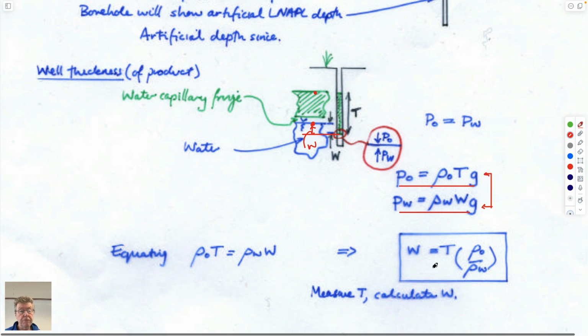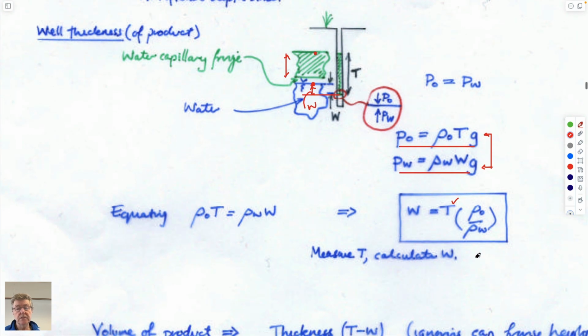If we equate them, we find out that the actual thickness of the product in the aquifer, the puddle, is equal to what we measure multiplied by the ratios of the densities. Nothing more than that. And so since the oil is floating, this will be less than the density of water.